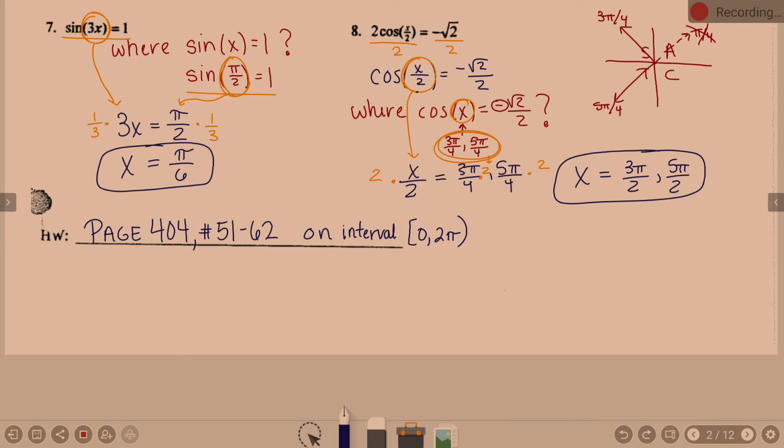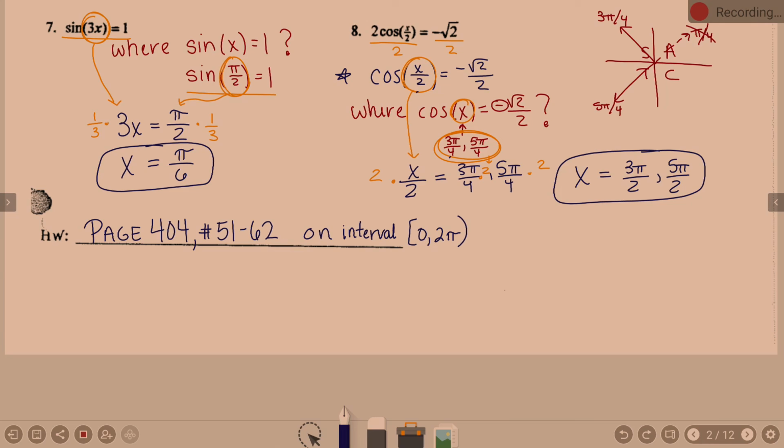Now, you can do a visual check here and think about, does this make sense? If I take 3 pi over 2 and put it back into the original equation, the cosine of x divided by 2, so 3 pi over 2 divided by 2 is going to be 3 pi over 4.